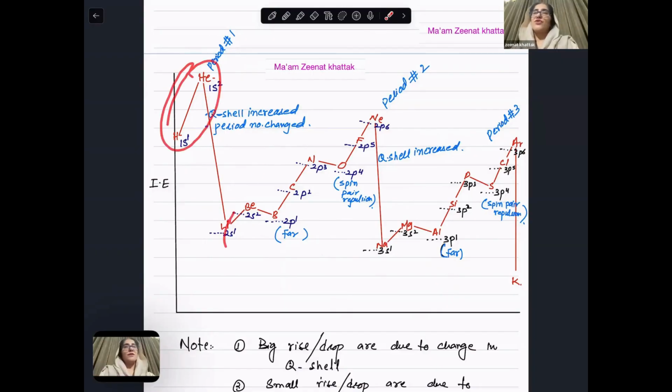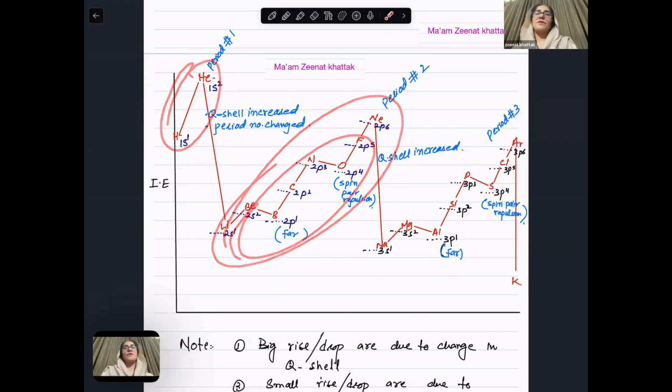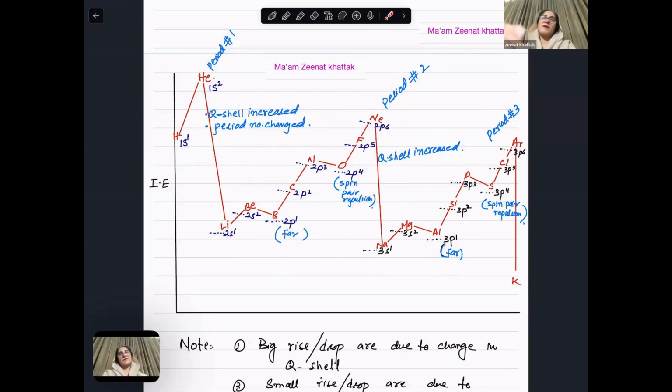With 1 shell, 2 shells, the atoms are bigger. The ionization energy drops so badly because the electron needs very little energy. In helium, it's the nucleus and 2 electrons. In lithium, it's the nucleus, 2 electrons, and then 1 more, so it's far.